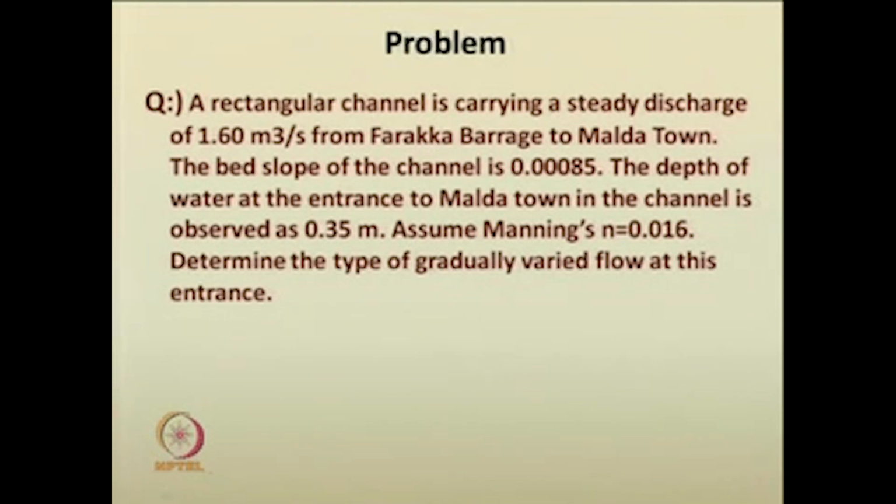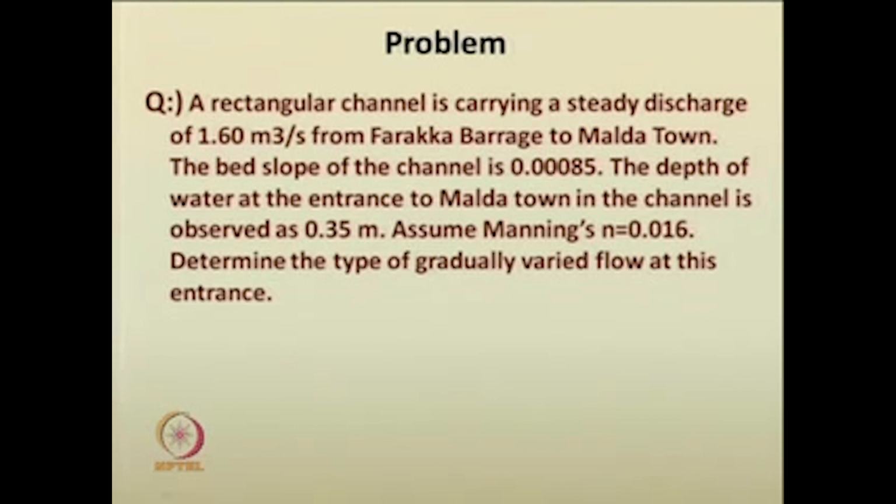The depth of the water at the entrance to Malda town in the channel was measured as 0.35 meter. You can assume Manning's roughness coefficient as 0.016. Now, you are requested to determine the type of gradually varied flow at this entrance location.